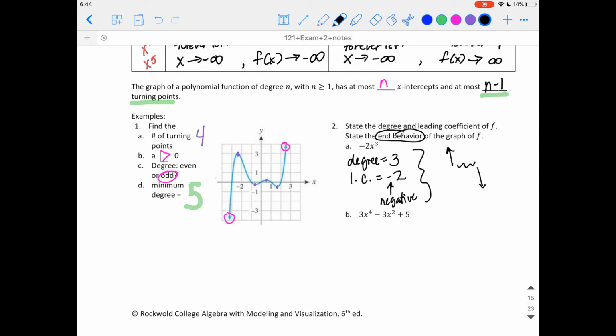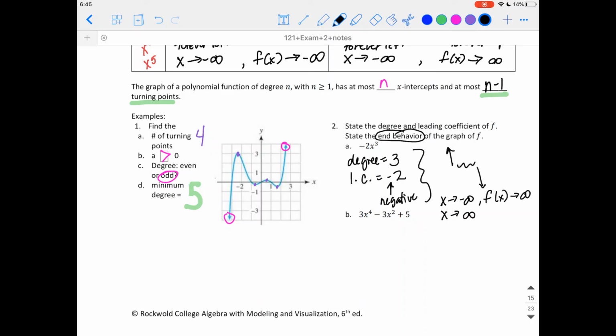Now, that's the graphical representation, but the end behavior written in mathematical terms is that as x heads towards -infinity, f of x heads towards infinity.